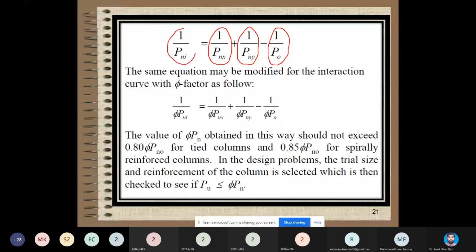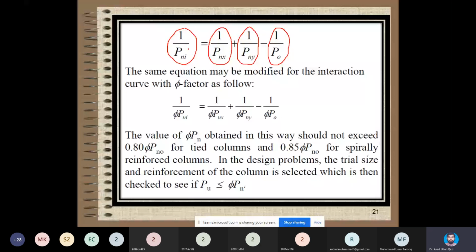So this equation we can prove geometrically by locating a plane segment on that interaction surface, and that plane segment actually is the segment on which a point is located as a result of the summation of the reciprocals of the uniaxial load capacities minus the reciprocal of the axial capacity, which will result in the biaxial reciprocal capacity of the column.